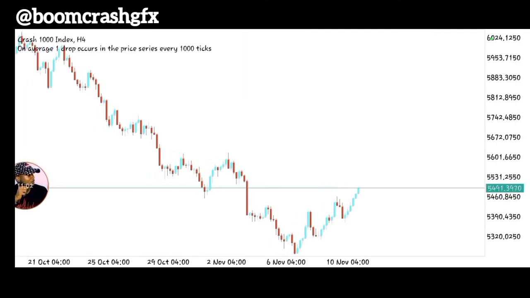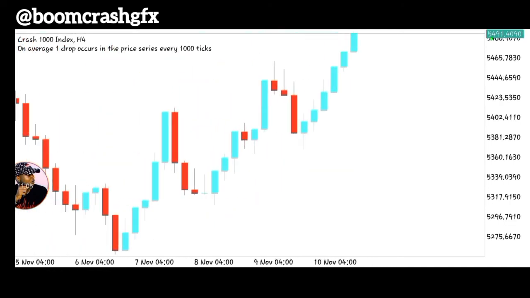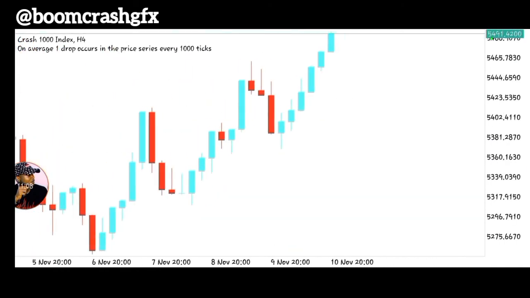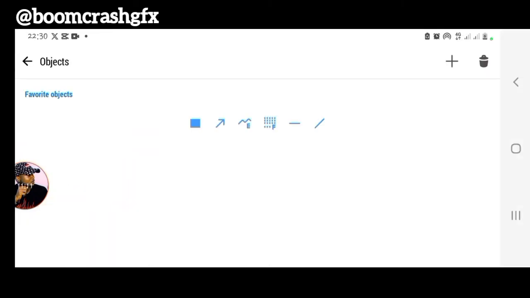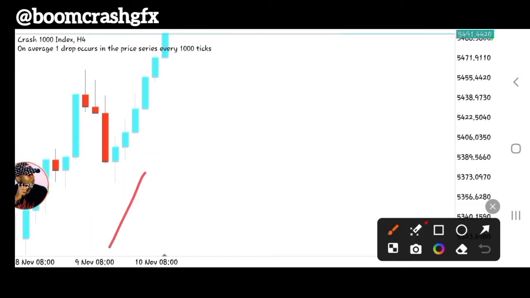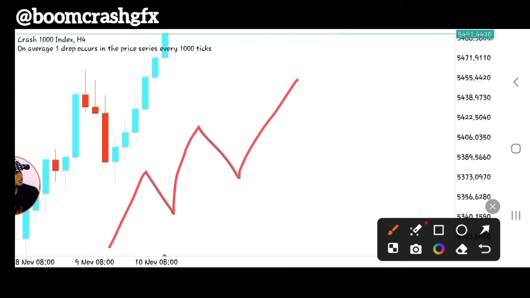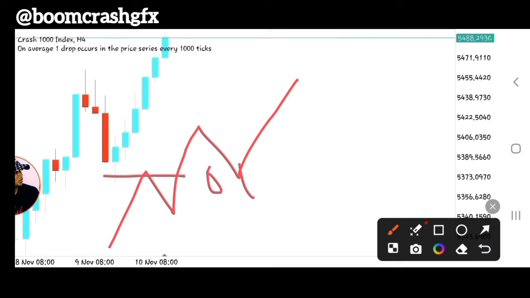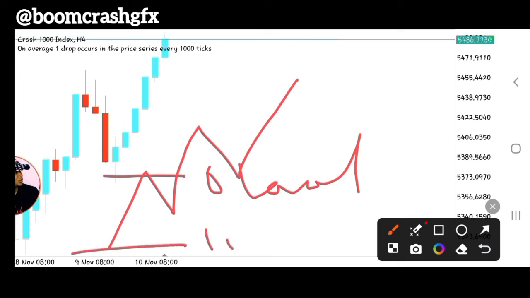Now we are on Crash 1000. Looking at this very movement, you can see that this market is on an uptrend. We have the market moving in a series of higher highs, higher lows, higher highs, higher lows, higher highs. So in trading this uptrend movement, like I said earlier on, if you want to draw your Fibonacci true for an uptrend, you will drag from the 0 level to the low here, which is the 100 level.